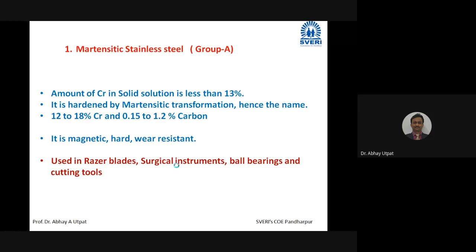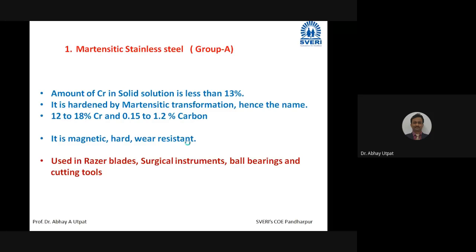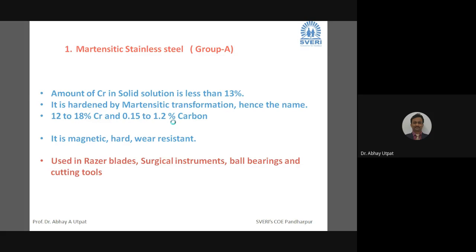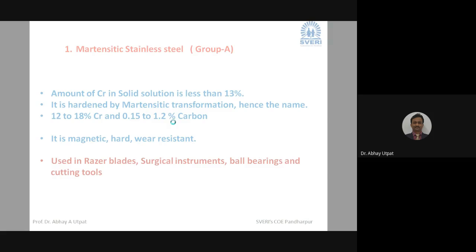One minute, I'm trying to go to the next slide. I'm observing some connection problem. Just wait.